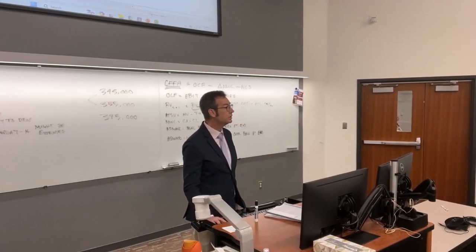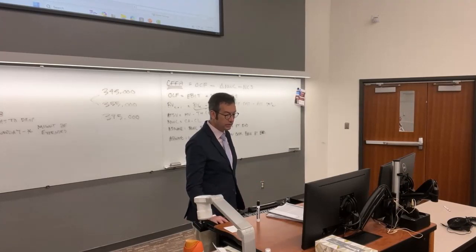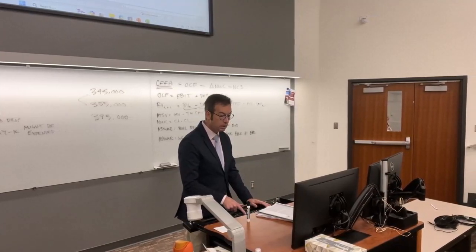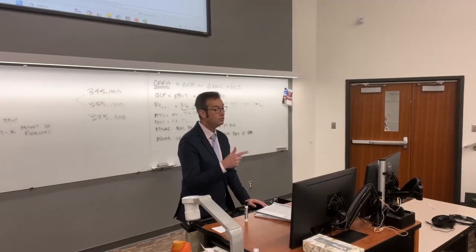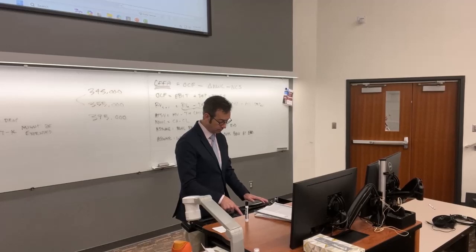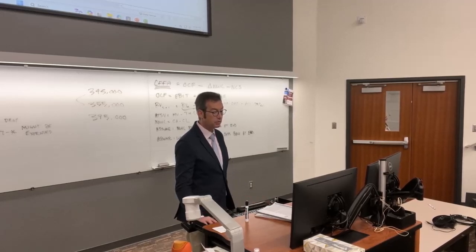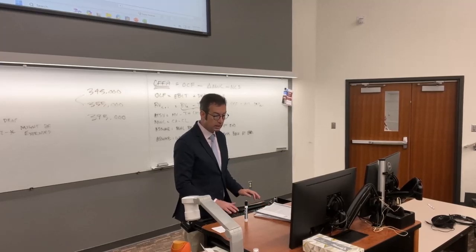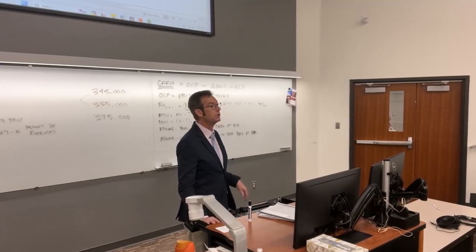I'm going to take a look at the previous one multiplied by, yeah, 1.02. So we're going to say 1 plus this growth rate. I'm going to close those parentheses, and then I've got 20.4.